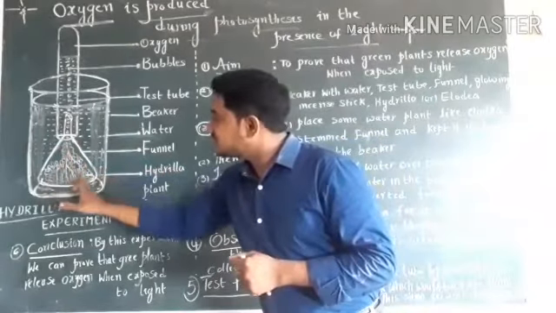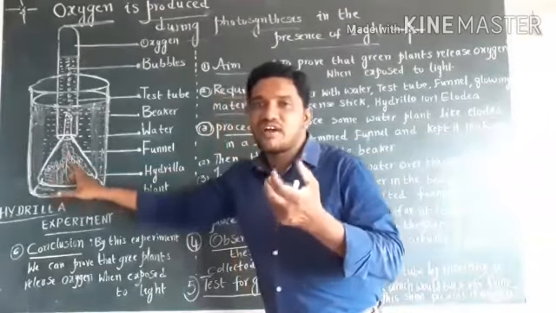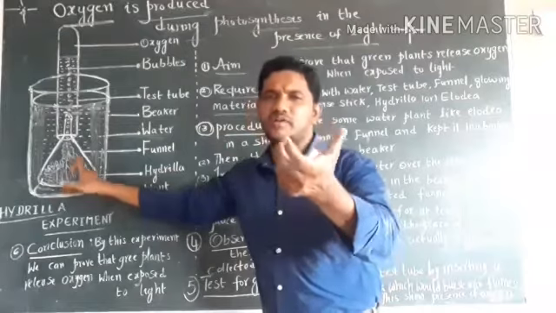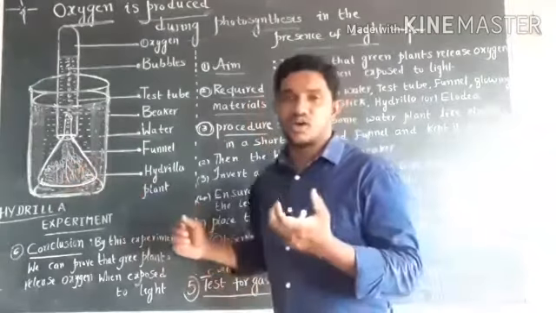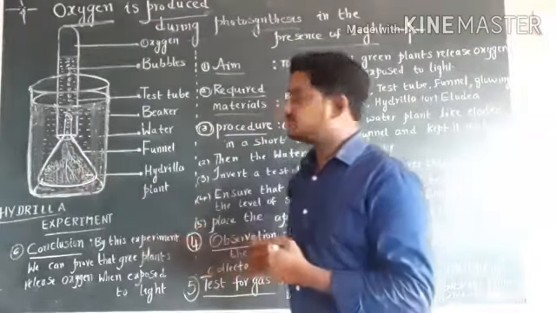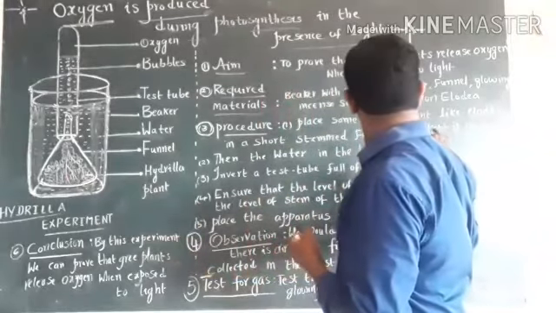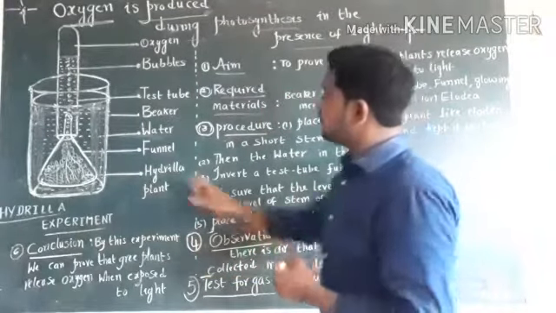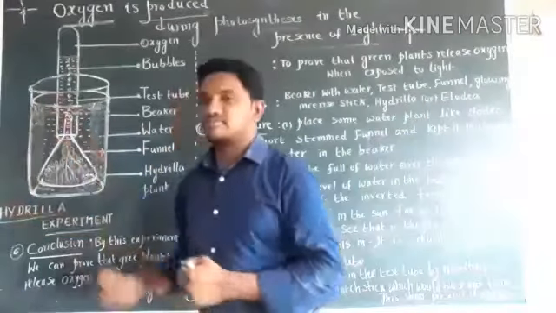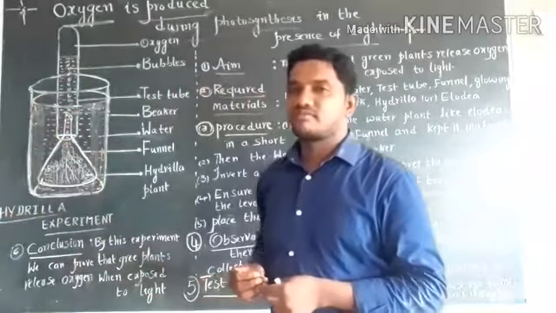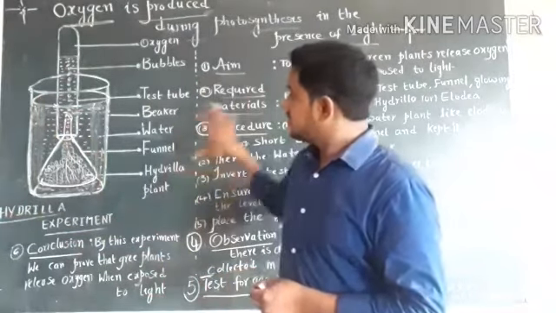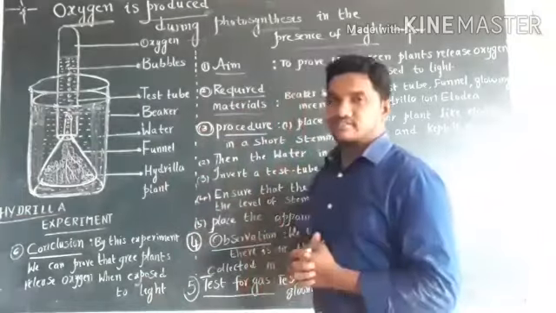Hydrilla plant. These are branches of hydrilla plant or elodea plant. These two are water plants. Finally, beaker. These are the required materials.